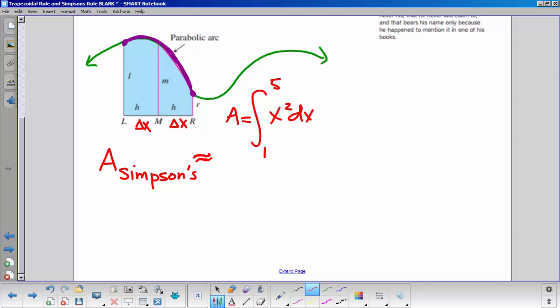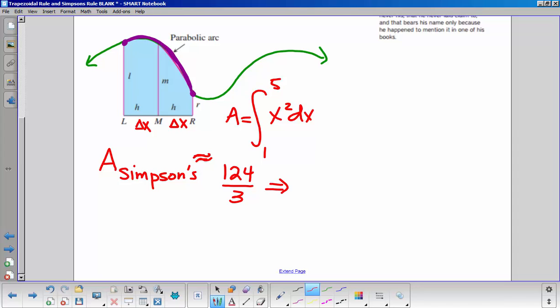What does it tell us? Well, that's from your calculator screen. What is it? Simpson's rule says it's 123 over 4, or 124 over 3. Oh, sorry, 124 over 3. I read it wrong. 124 over 3. Sounds pretty exact. Guess what?